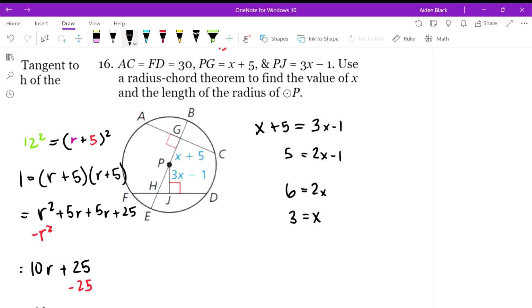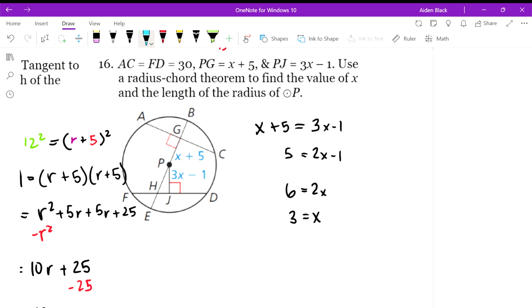Well, the radius is PG plus GB. Well, that's not going to help us. PJ, what can we do? Our radius is from here to here. Oh, we know that AC and FD are 30. That's helpful.